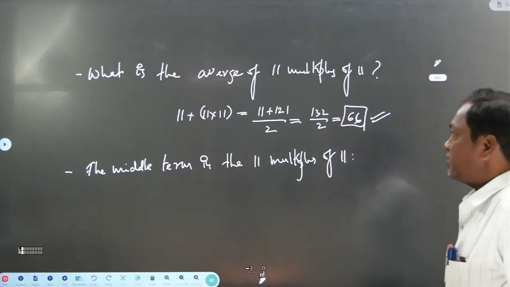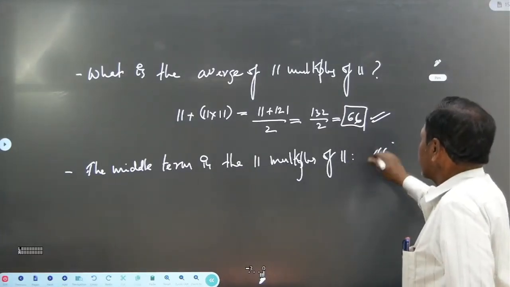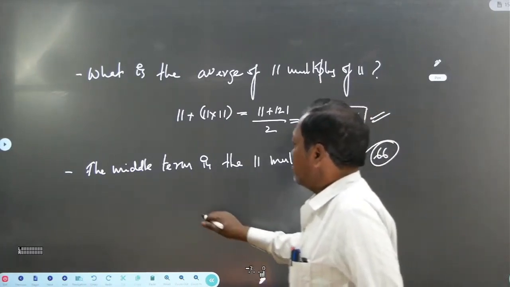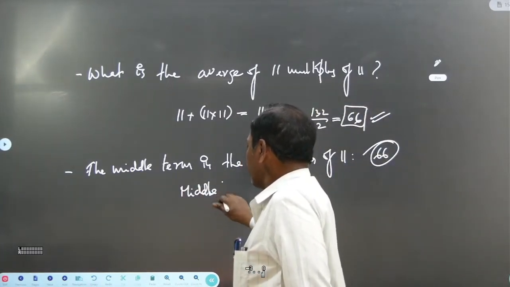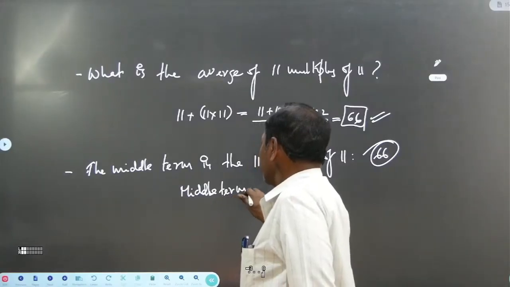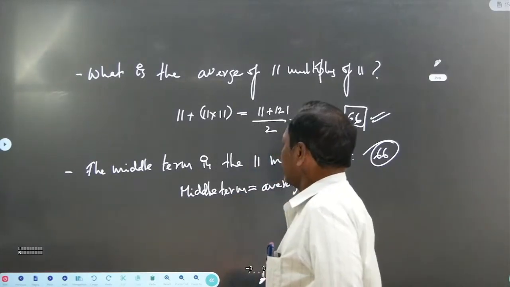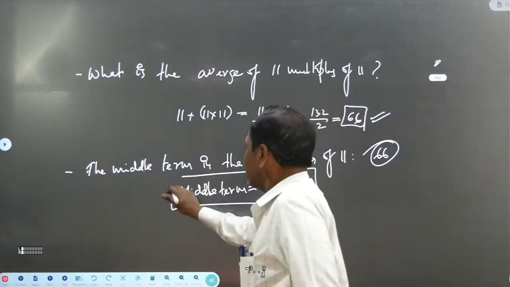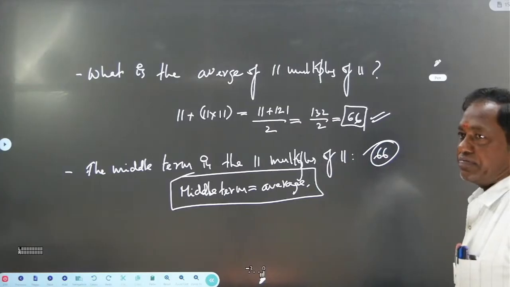Okay, 11 multiples of 11, what is the answer? 66. Why? Because the middle term is equal to the average.